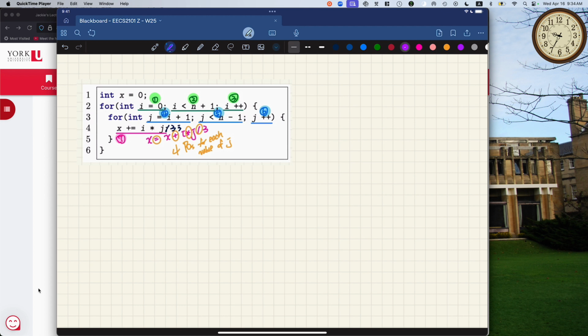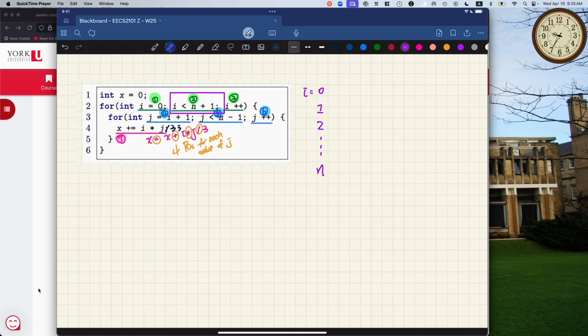If you only look at this part over here, you want to think about how many times it's going to be evaluated. So i is going to be 0 in the beginning, and then 1, and then 2, all the way to just n.